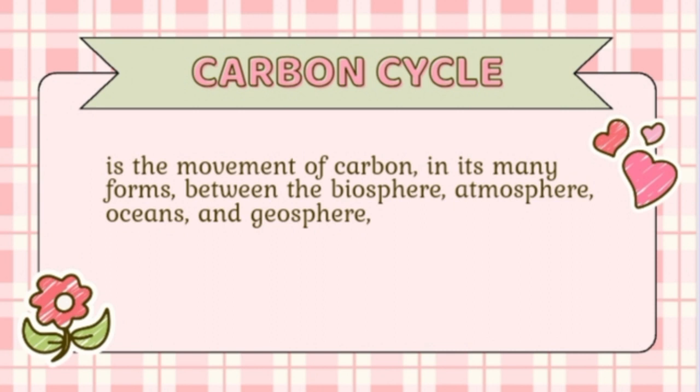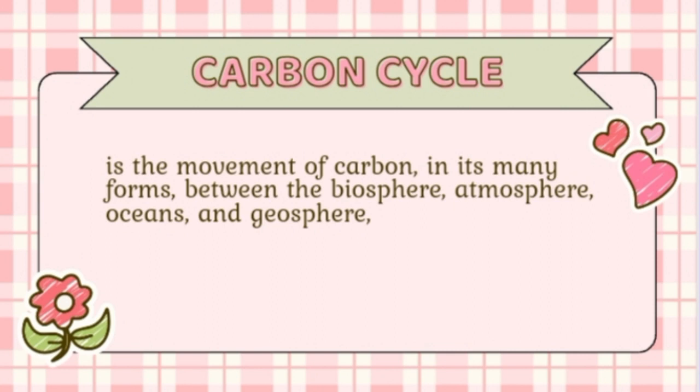Producers and consumers transform part of the carbon in their food back into carbon dioxide via respiration. Decomposers release the carbon tied up in dead plants and animals into the atmosphere.